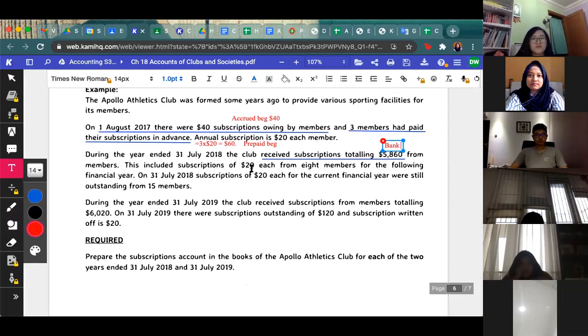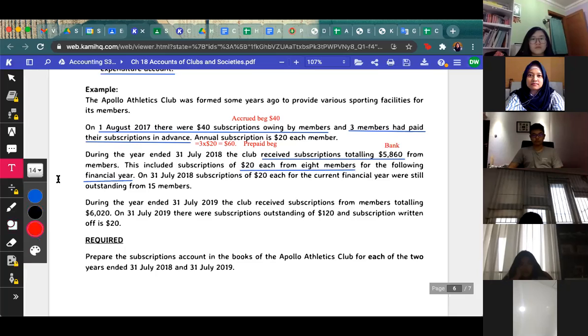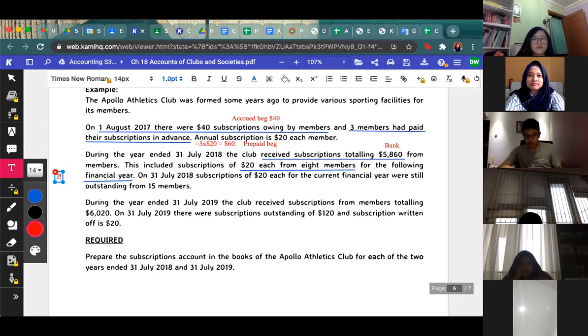This included subscriptions of 20 from each of 8 members for the following financial year. 20 from 8 members for the following financial year means you have prepaid at the end.